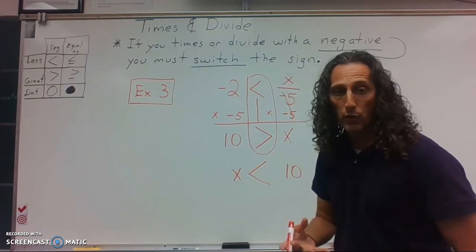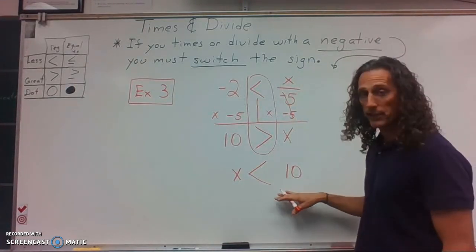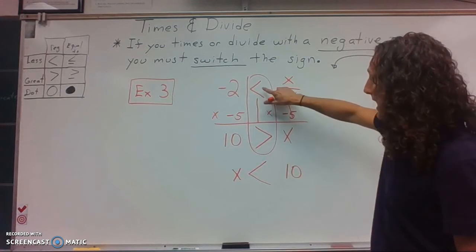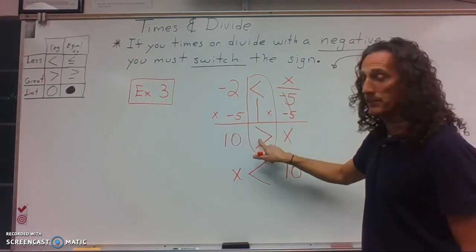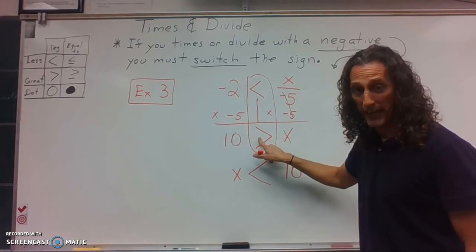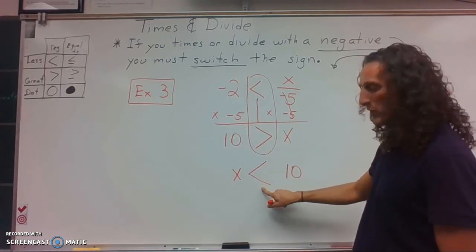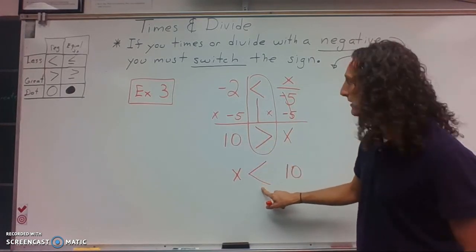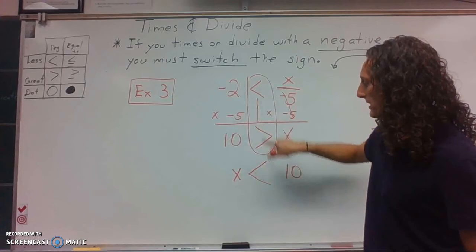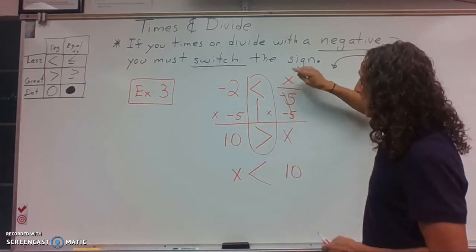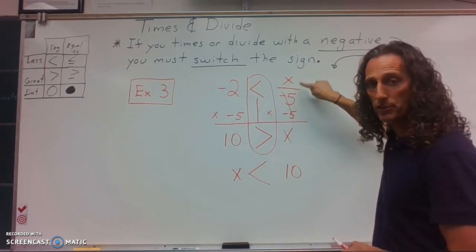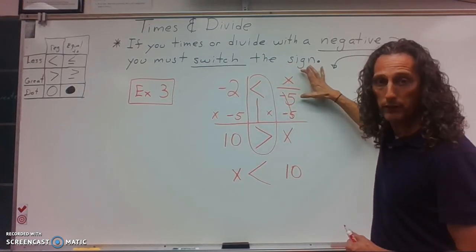Now, real quick, gets a lot of kids confused here, is we have a less than symbol. When we divide or multiply with that negative, it switches, it becomes a greater than. And then when we switch it around again, it looks like it's the same sign. It is. It's a less than. But again, here's the difference. Up here at the top, you see where the x is? The side with the x on it has the big mouth to it.